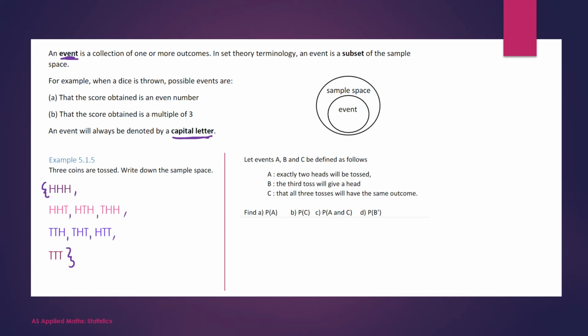So exactly 2 heads being tossed is going to be that second line that I've got. So we've got those options there, and that would be event A. If we were looking at event B, we've got the third toss will give a head.